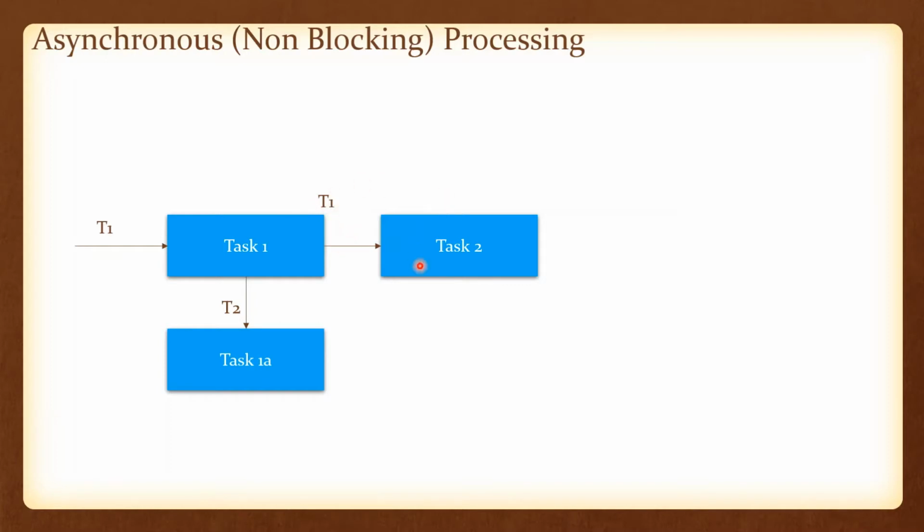It just starts with another task. So when T2 executes the task 1A, it will return something called a promise or a future. The term promise comes from JavaScript and the term future comes from Java. So in Java we have something called futures.